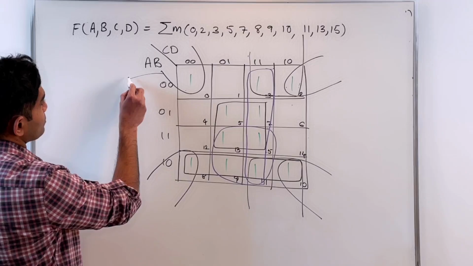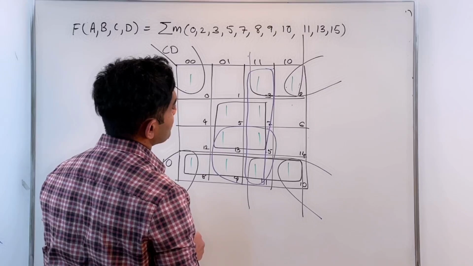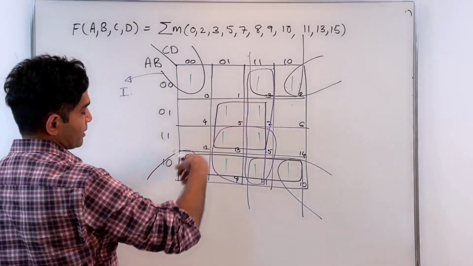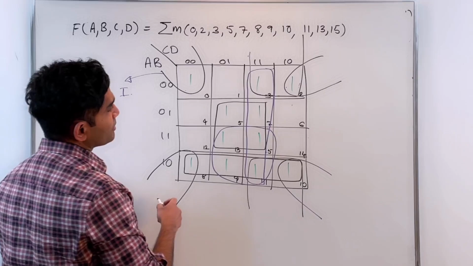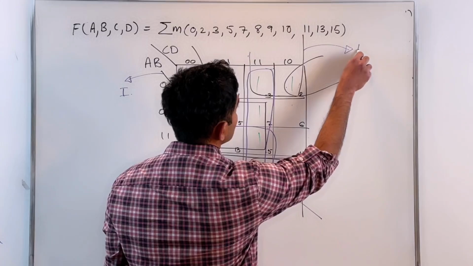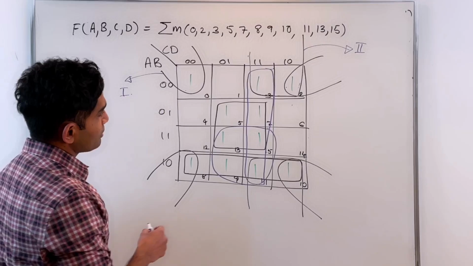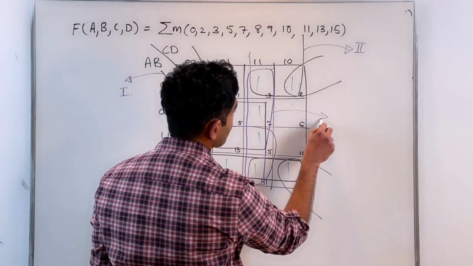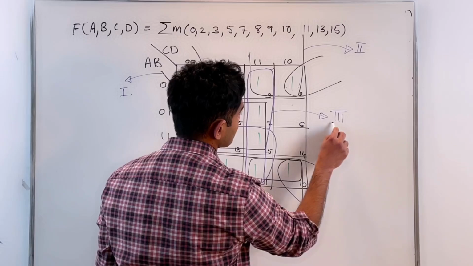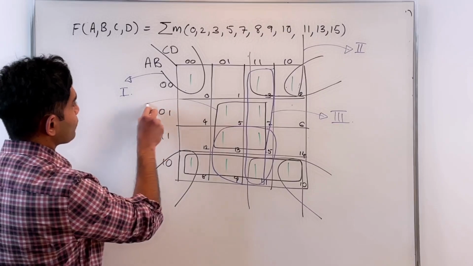Let me call this 1, which is a combination of the corner cells. Then let me call this 2, the second prime implicant. Let me call the column to be 3. Let me call this 4.